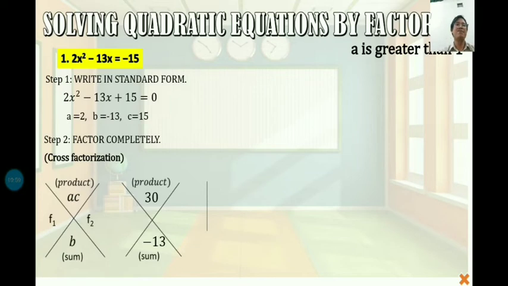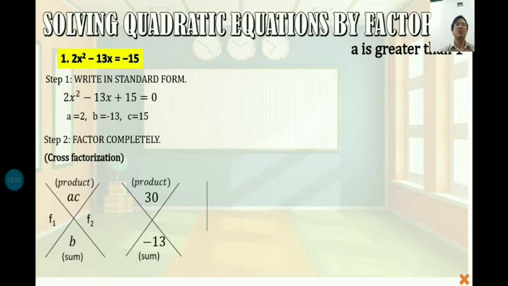Now, let us proceed to the factors of the product. Let us have here a listing method in order for us to know what are the correct factors that we are looking for. Now, let's start. Since the product is positive and the sum is negative, we will use only 2 negative integers. Why?